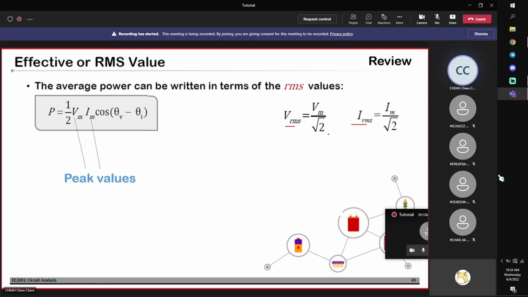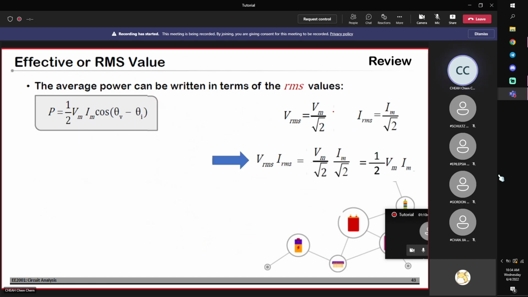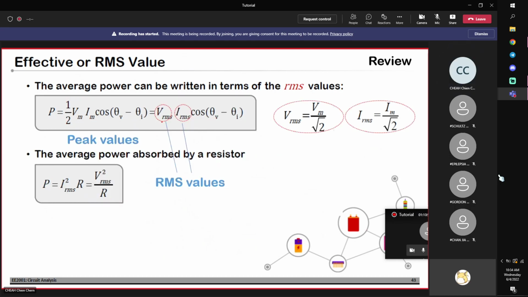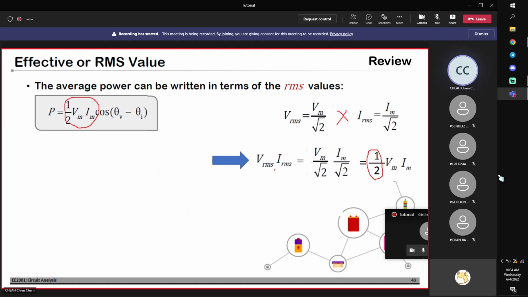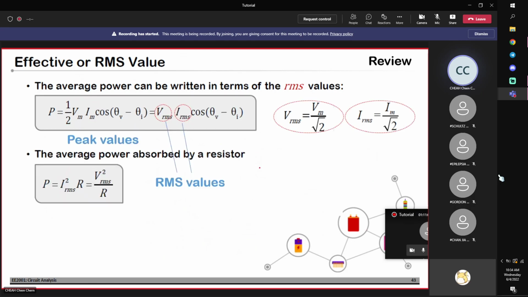If you multiply these two together, you can see that 1 over root 2 multiplied by 1 over root 2 is half, which means that this half VmIm can be replaced by VRMS IRMS cosine phi.